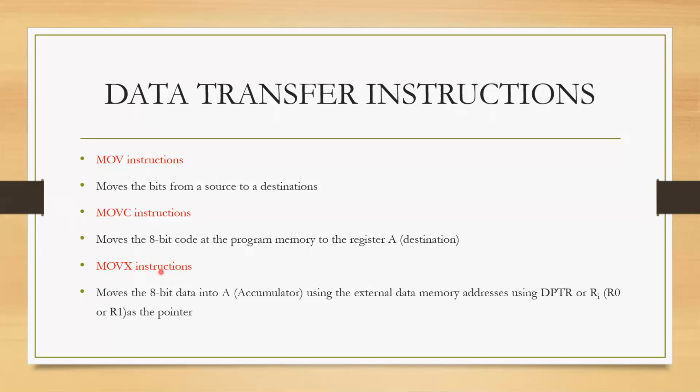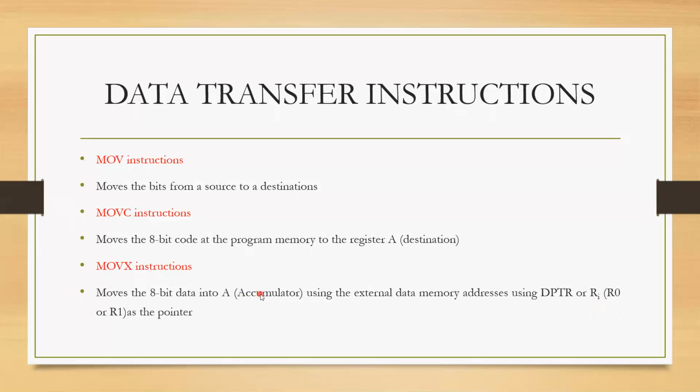The MOVX instruction moves 8-bit data into the accumulator using the external data memory address, using DPTR or a register pointer. The register pointer can be the R0 or R1 register; only these 2 registers can be used as register pointer.